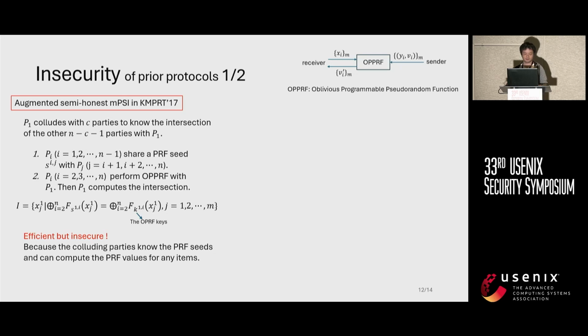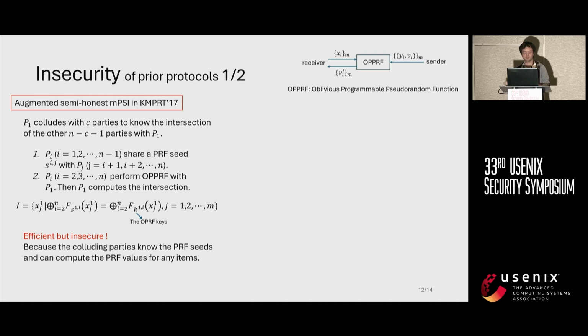Next, I will also introduce why some existing protocols are insecure, though they come from some big conferences. For example, the augmented semi-honest mPSI in KMPRT from CCS 2017. There are two steps.